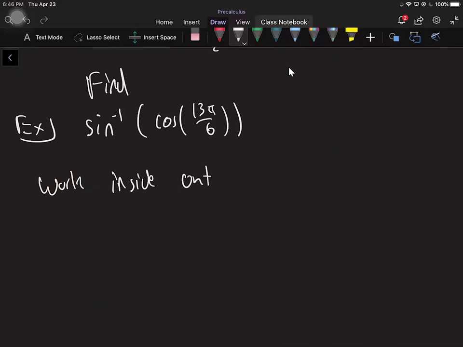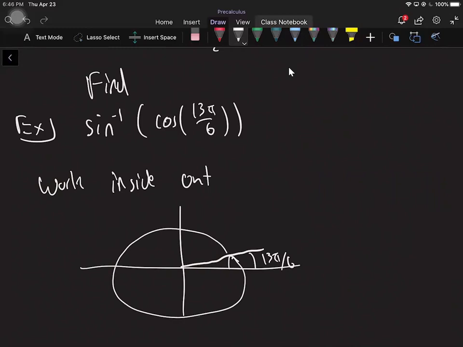Meaning, okay, I know where 13 pi over 6 is. It's actually right here. If I go all the way around, that'll be 13 pi over 6 if I count it out. So cosine is root 3 over 2. So that means that the inside just becomes root 3 over 2. And so now I've progressed on the question, and I'm asking what angle makes the height be root 3 over 2 now?